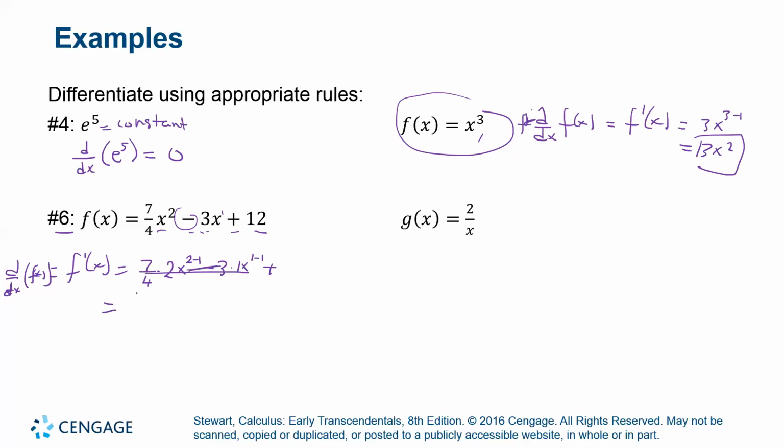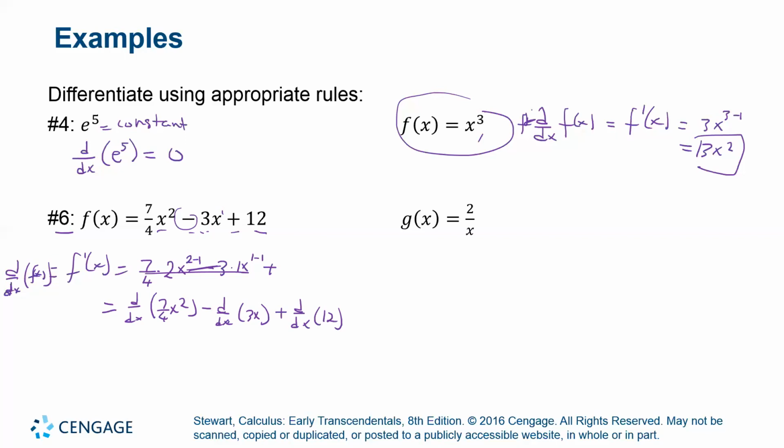I'm going to find the d/dx of 7 over 4 x squared minus d/dx of 3x, then plus d/dx of 12. Now I'm showing it this way, but as we keep going, I'm not going to spread it out like that.